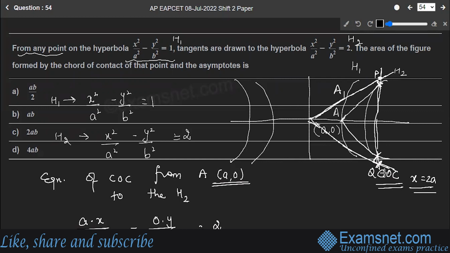Q is the point where the second asymptote A2 is intersecting the chord of contact, and P is the point where the first asymptote A1 is intersecting the chord of contact.